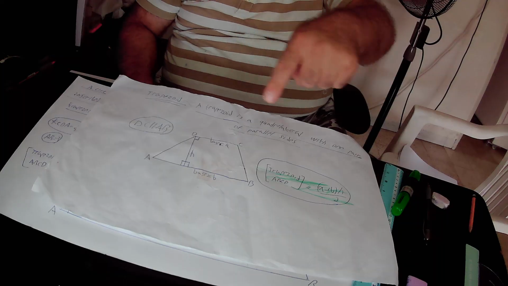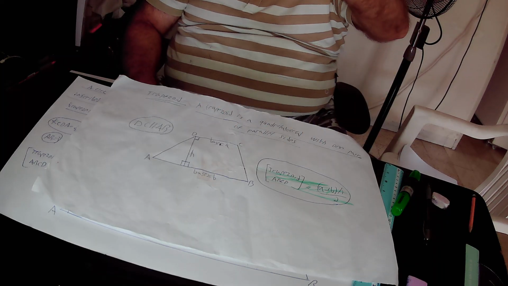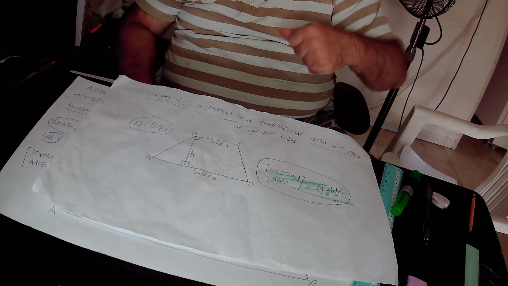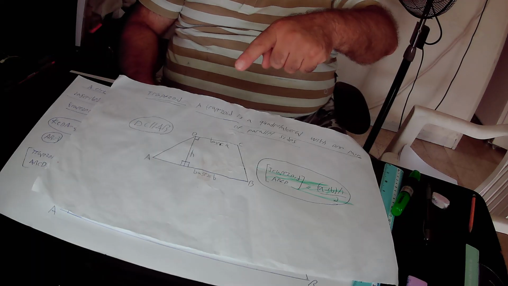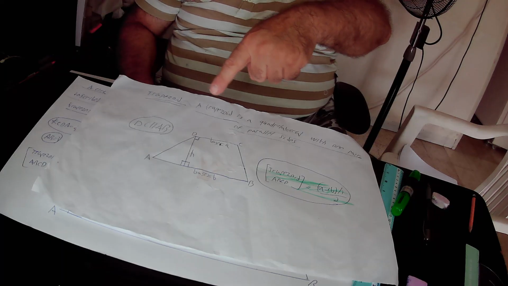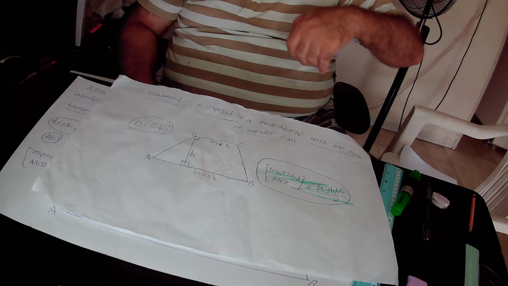In quadrilateral ABCD, side DC is parallel to side AB, and therefore it is defined as a trapezoid because it has one pair of parallel sides. The two parallel sides DC and AB are defined as the bases of trapezoid ABCD.